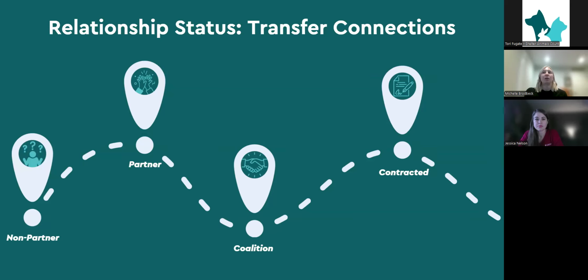These organizations would have legally binding agreements to provide specific services like animal care or transport, and they would have a clearly defined legal structure. Each of these relationship types is unique and can help organizations set expectations for collaboration.